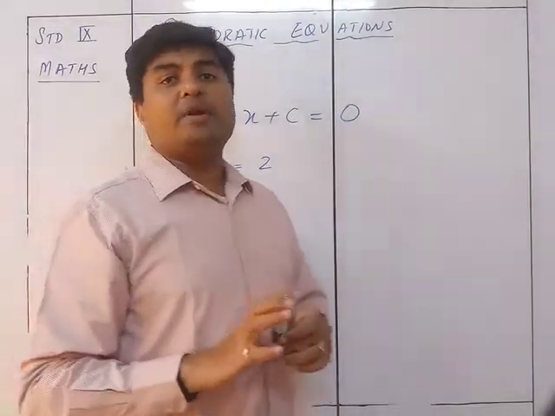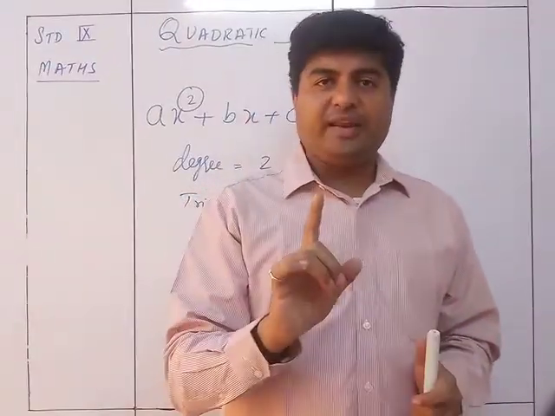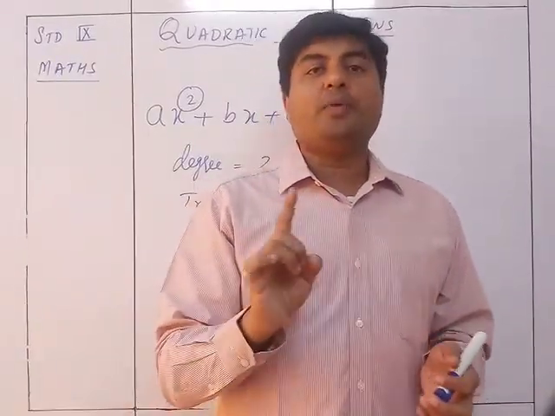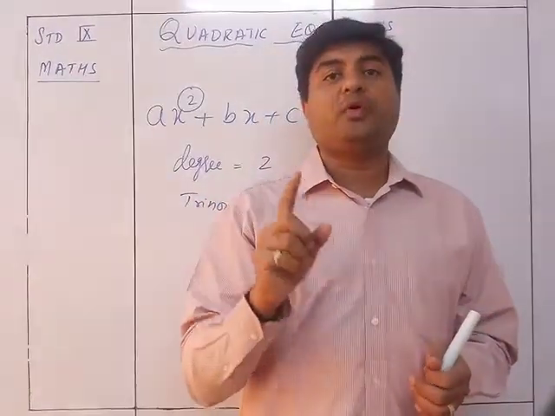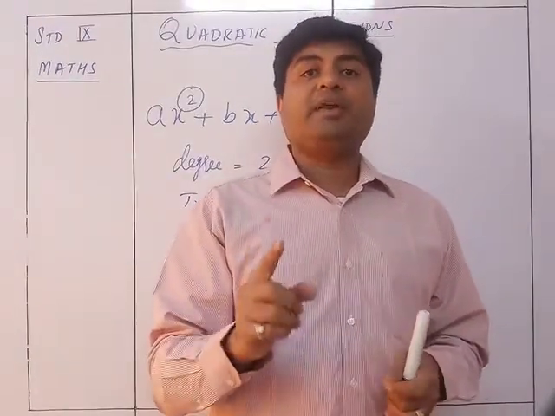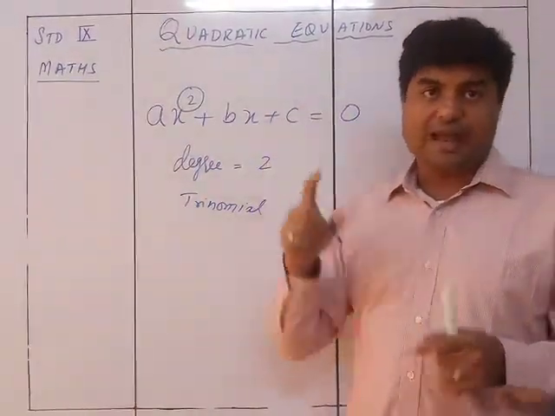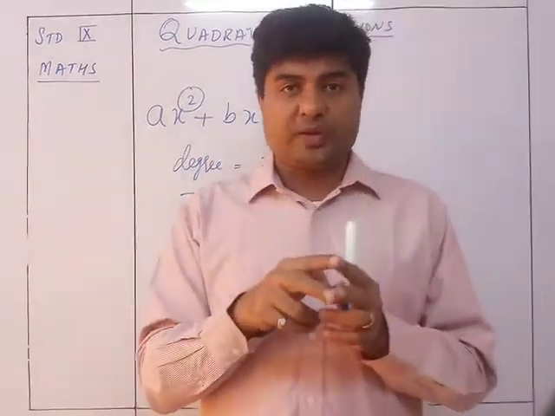Here the number of variables will be just 1. A quadratic equation has only one variable, that is x or any other variable, but there would not be two variables as in the case of simultaneous equations. Because the number of variables is only 1, you are going to have only one equation. In simultaneous equations we had two variables, hence two equations were formed.